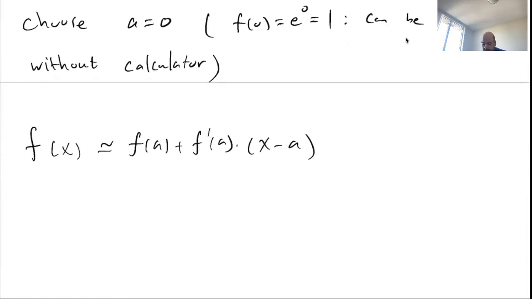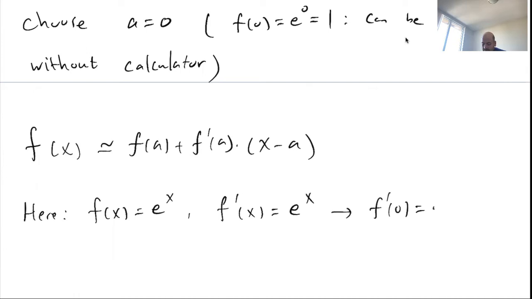So what is f prime of a here? A is 0. And what is f prime of x here? F of x is e to the x, and f prime of x, therefore, is also e to the x. So f prime of 0 is equal to e to power 0, which is 1.